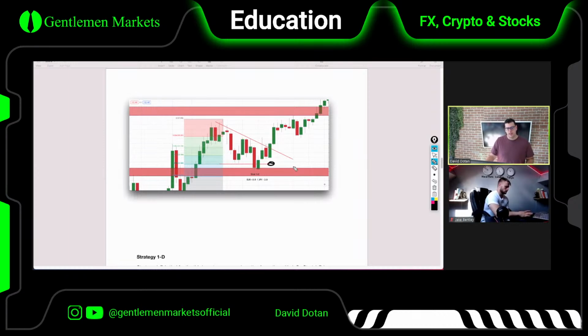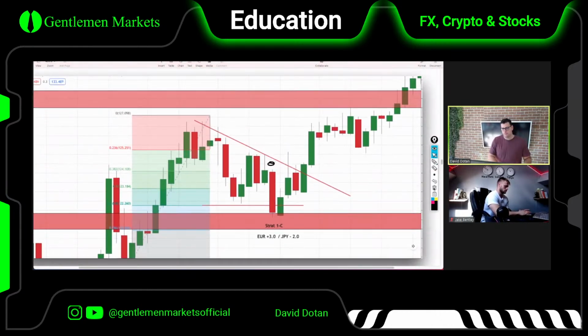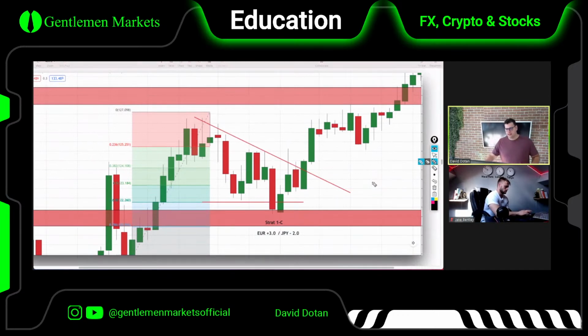This red line is identifying our 61.8% fib. All right, let's bring it in a bit. This red line is identifying our 61.8% fib, and this red line is also identifying lower lows. So as you can see, Strat 1C and Strat 1A sometimes can mesh. But what's the difference between Strat 1A and Strat 1C?